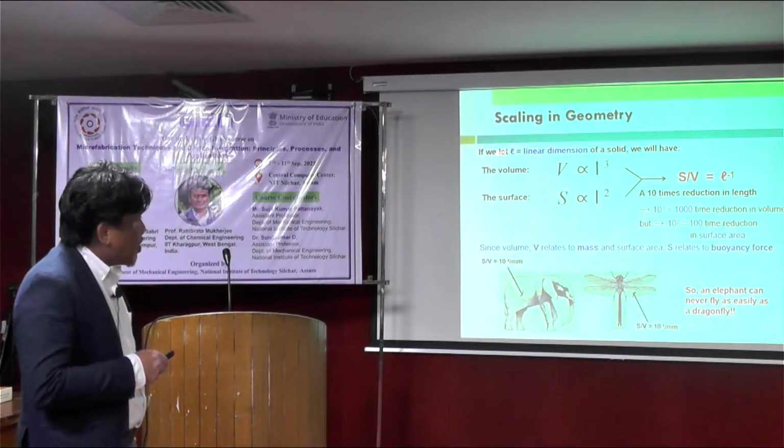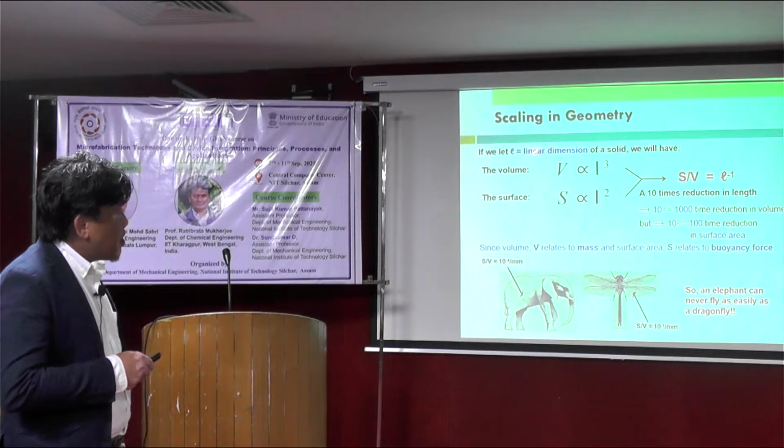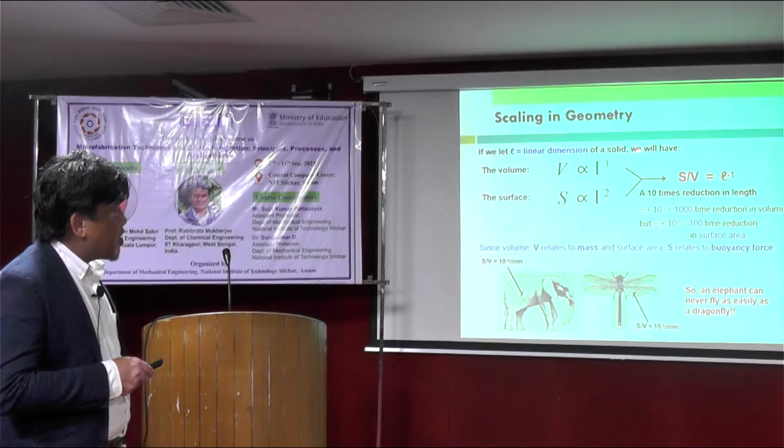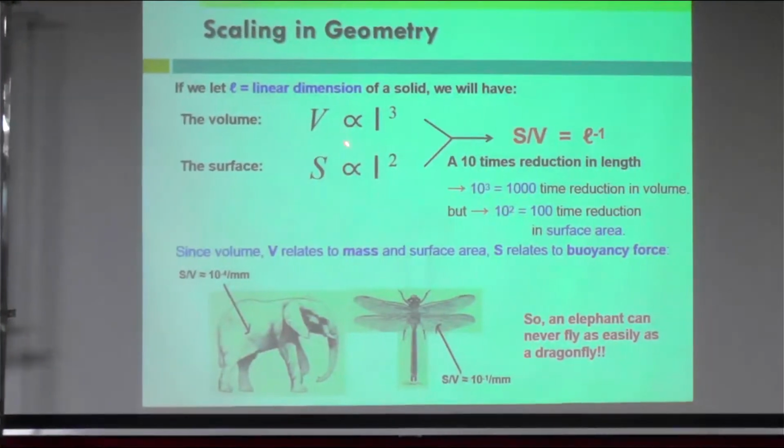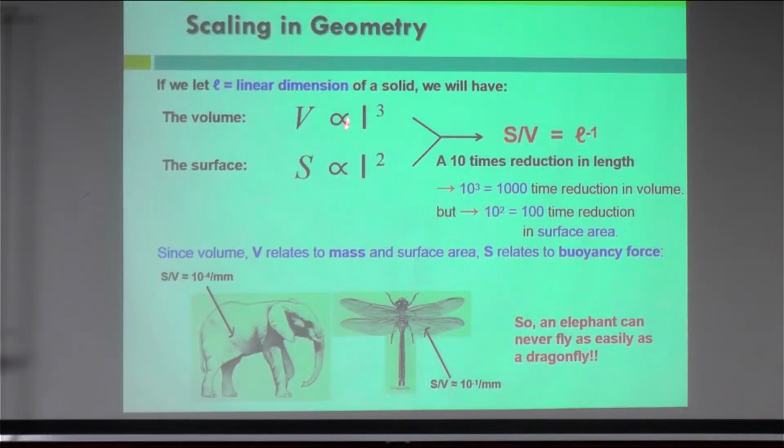So if we let L be the linear dimension of a solid, the volume is proportional to L^3, and the surface is proportional to L^2.